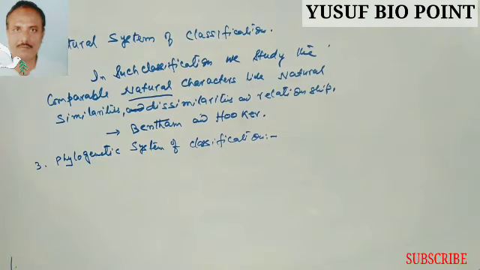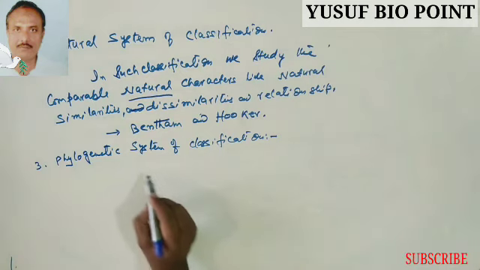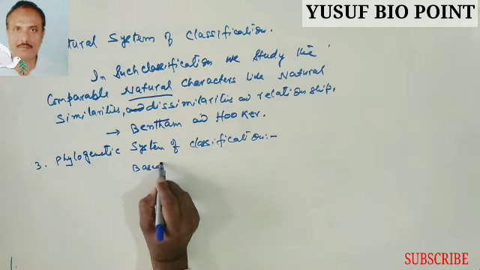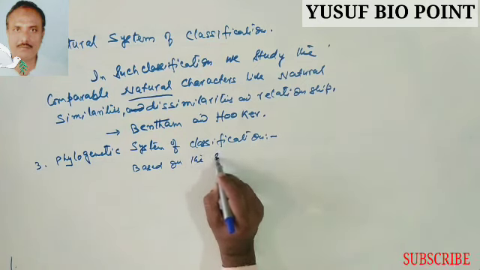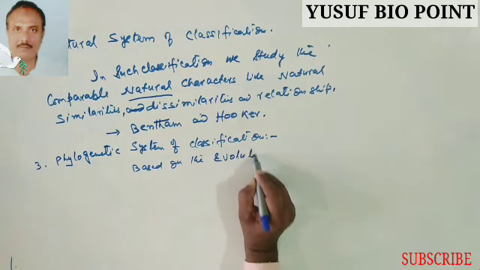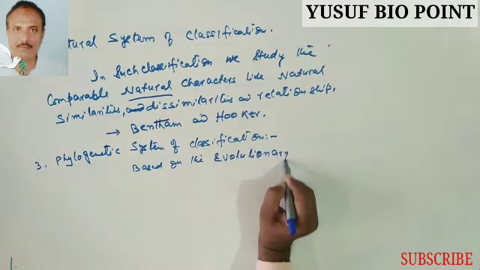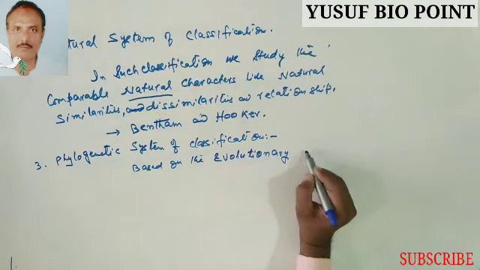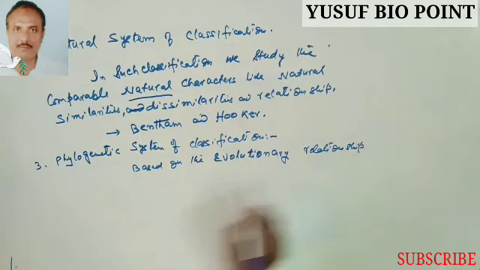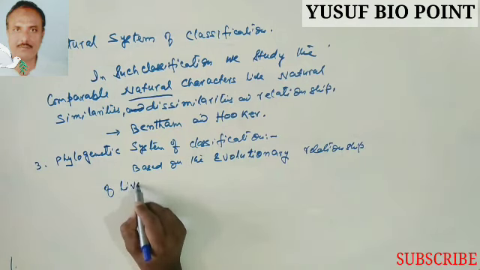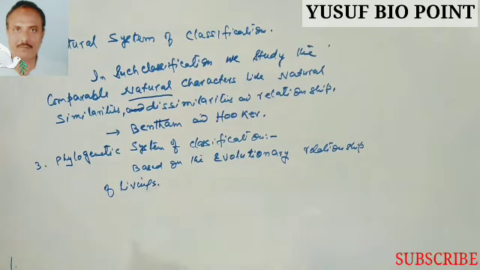This is the important classification because it is based on the evolutionary relationship of the livings, means which came first on the land and which after that, according to the evolutionary tendency.